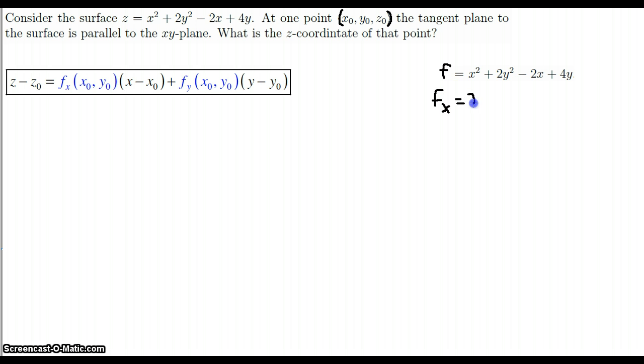The x partial is 2x minus 2. The y partial is 4y plus 4.